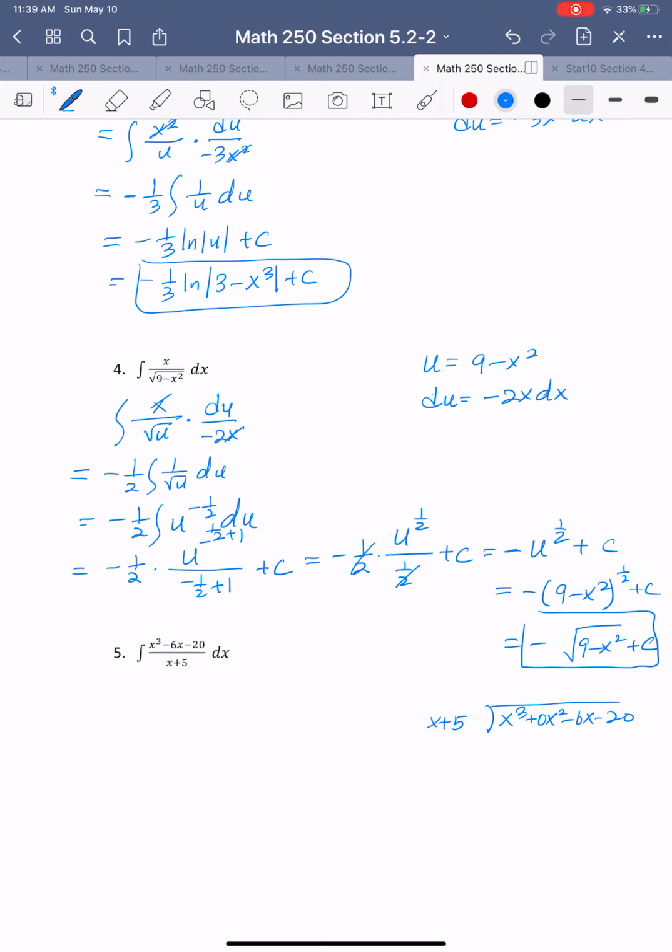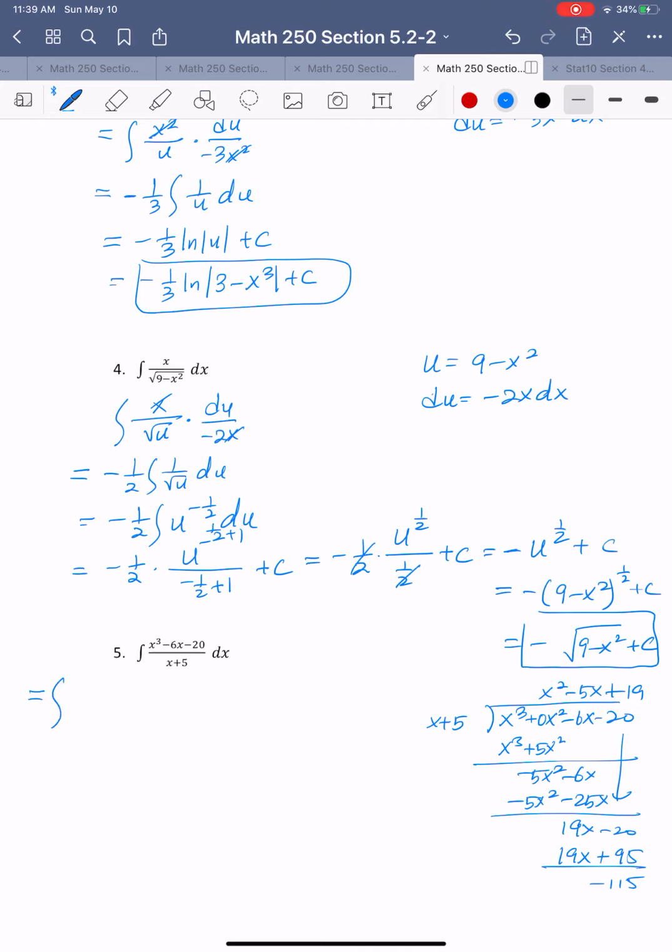If you use long division, x squared, x cubed plus 5x squared, and then I get negative 5x squared minus 6x, negative 5x squared minus 25x. I get 19x, drop the negative 20, and plus 19, I get 19x plus 95 becomes negative 115.